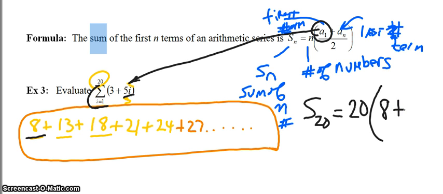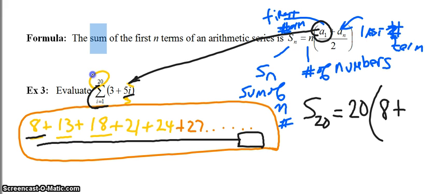Now, instead of going all through this to find the last term, all we need to do is stick a 20 in for i. So 5 times 20 is 100, plus 3. Our last term will be 103.